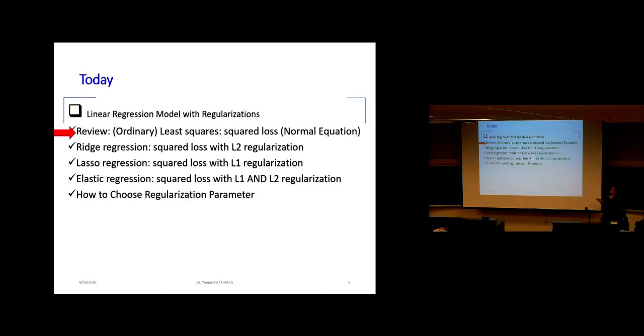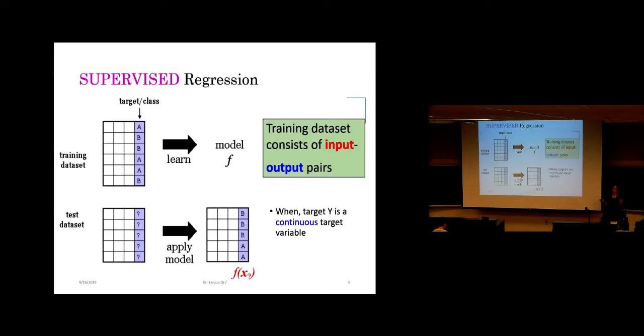Okay, so let's review. The least square solution we learned before, not the basis function version, just the regular least square regression you implement in your homework, is called ordinary least square. It uses a squared loss function, and we can solve it through the normal equation-based analytic solution.